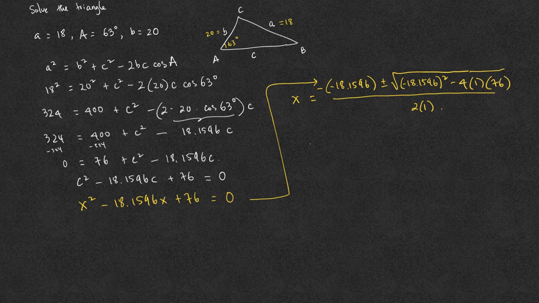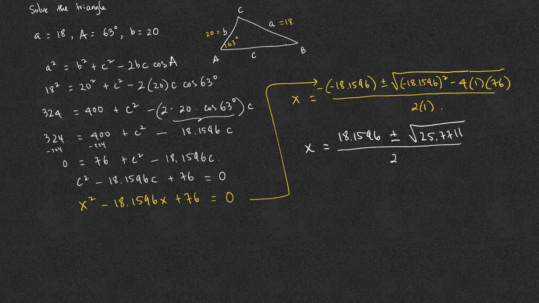We simplify this to get x equals positive 18.1596 plus or minus the square root of this expression, which using a calculator is 25.7711, still under the square root, and then over 2.